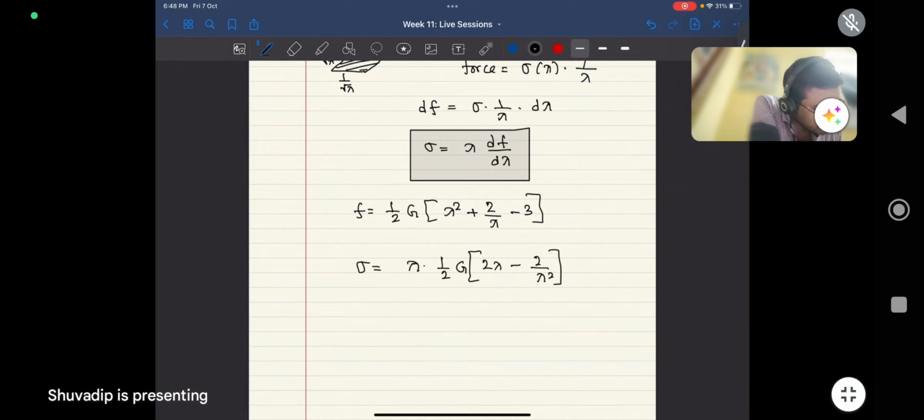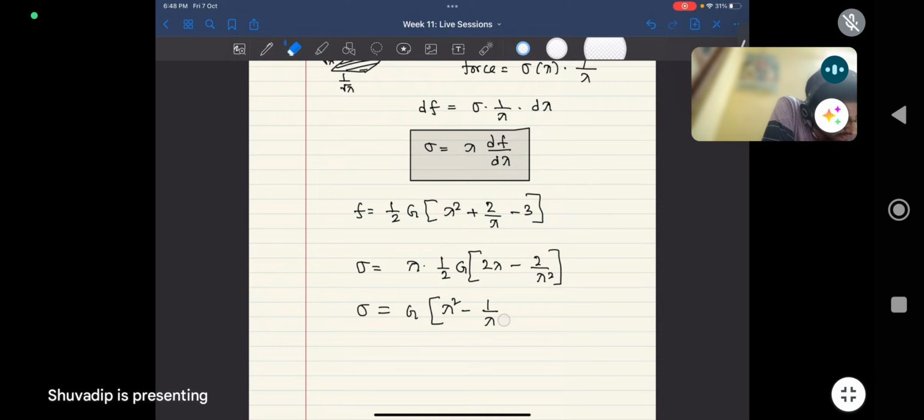Half will cancel, lambda will go inside, so it will be g into lambda minus 1 by lambda square, but there will be a lambda outside, so it will be lambda square minus 1 by lambda. So this is the stress in terms of lambda.